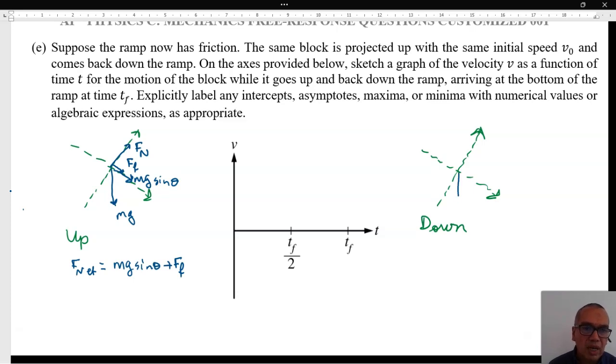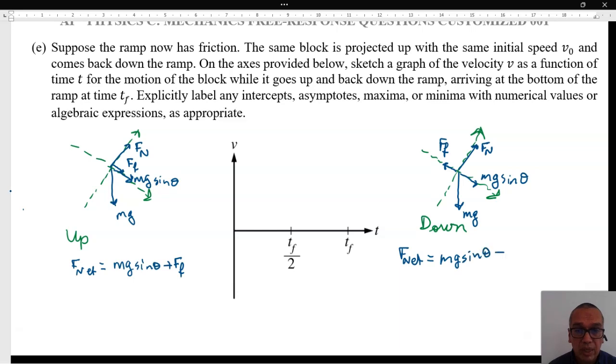If the block is moving down, then you have the x component of the weight going down, and you have the normal force, which is doing nothing in the acceleration direction. And if it's moving down, the friction force is going up against the motion. Therefore, your net force is actually the difference between the x component of the weight and the friction.